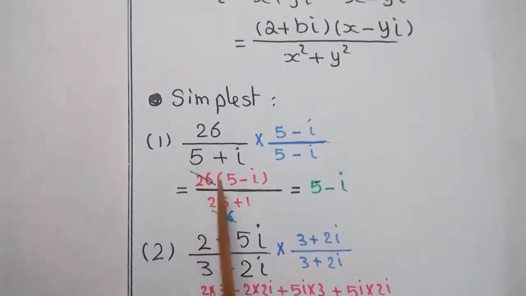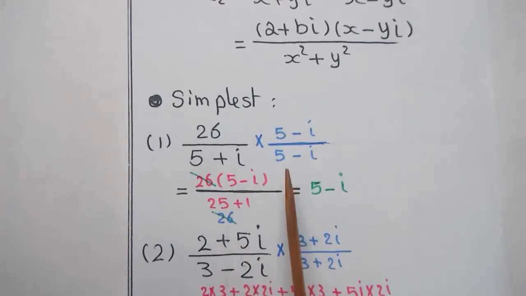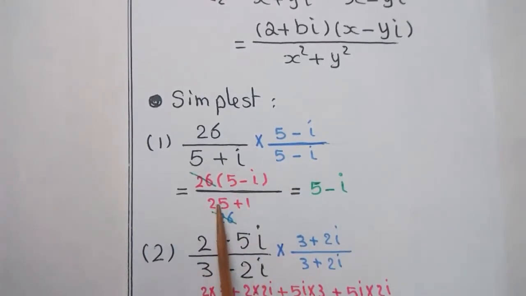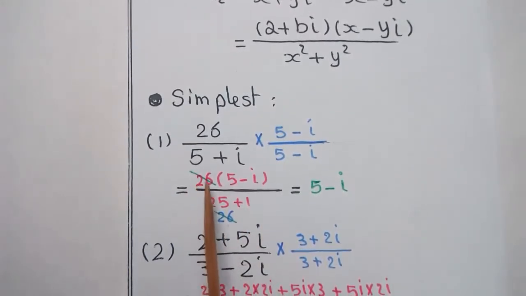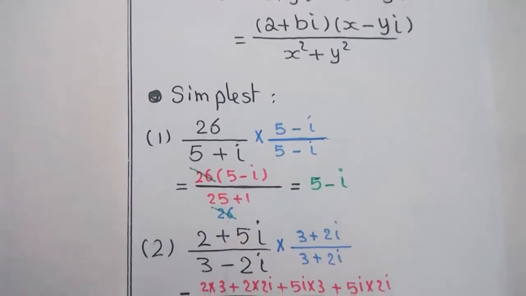Put 26 open bracket 5 minus i. 5 times 5 is 25 and i times i power 2, so plus 1. 25 plus 1 equals 26. Cancel 26 with 26, so we get 5 minus i.